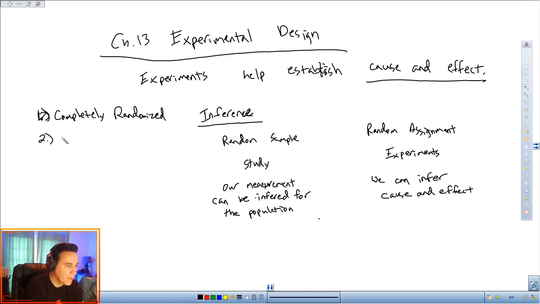And then we had block design. Remember, block design is where we purposely separate, just like stratifying.